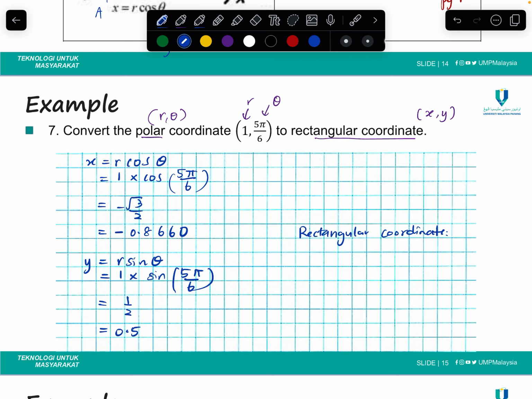In terms of (x, y), you can write (negative 0.8660, 0.5), or you can write in fraction, for example, (negative square root of 3 over 2, 1 over 2). Both are correct. So this is how we transform from polar to rectangular by using the formulas x equal to r cos theta and y equal to r sin theta.